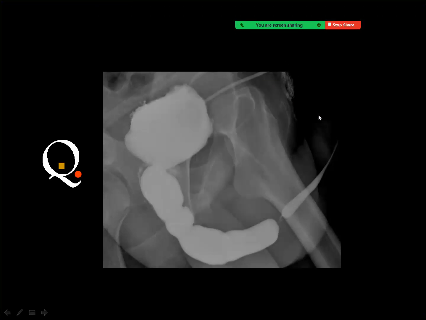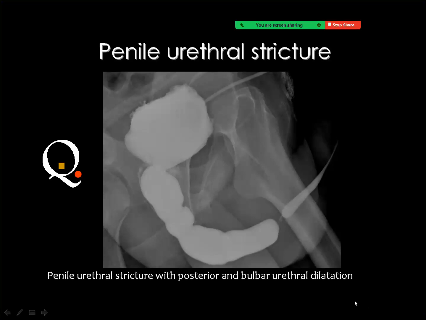Yes, and this is urethral stricture, very tight urethral stricture in the bulbar part of the urethra with attenuation of the rest of the bulbar urethra and marked distension of the prostatic urethra, the membranous urethra, as well as the bulbar urethra.